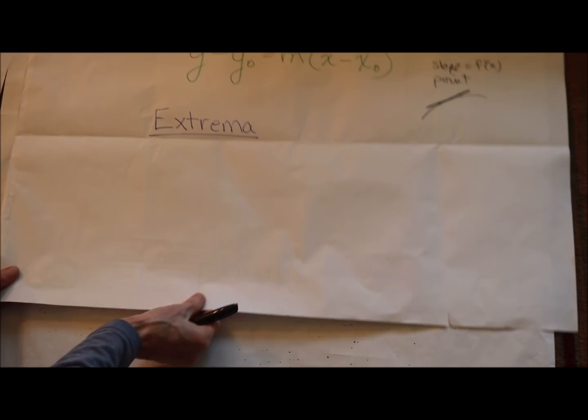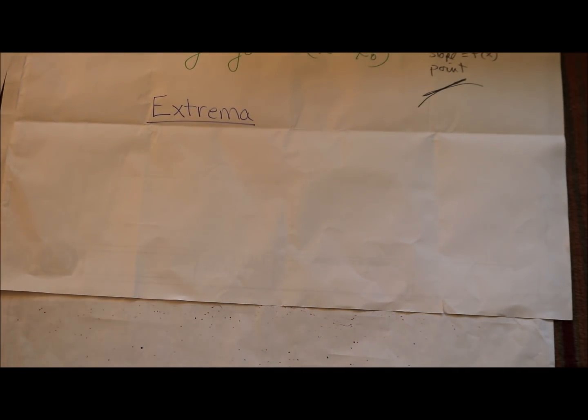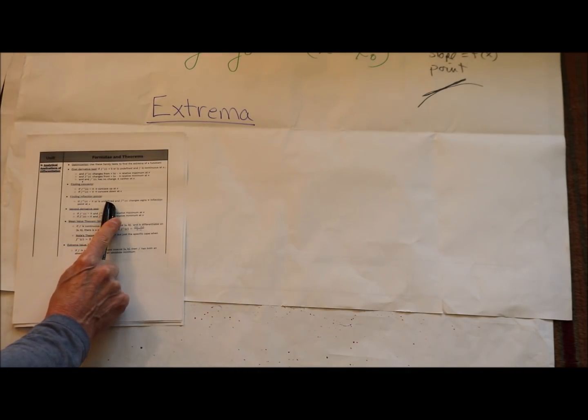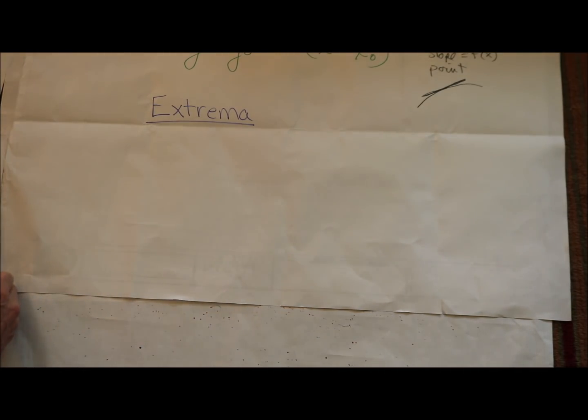Okay, extrema is a big one. Minimums, maximums, absolute mins, absolute maxes. You know the drill. I'm not going to go over it here, but it's here on the cheat sheet. Remember, concavity has to do with the second derivative. Slope is the first derivative.